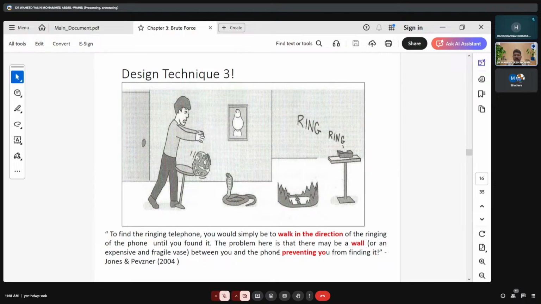The problem here is that there may be a wall or an expensive and fragile vase between you and the phone, preventing you from finding it. Because of the darkness I cannot see what is in front of me. Maybe I break this vase.